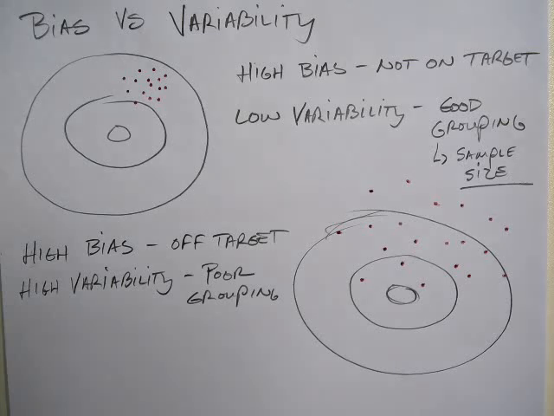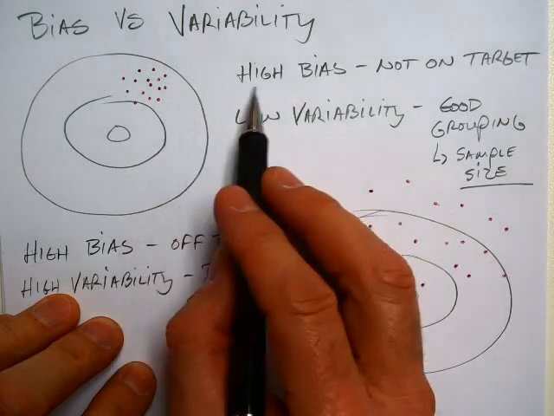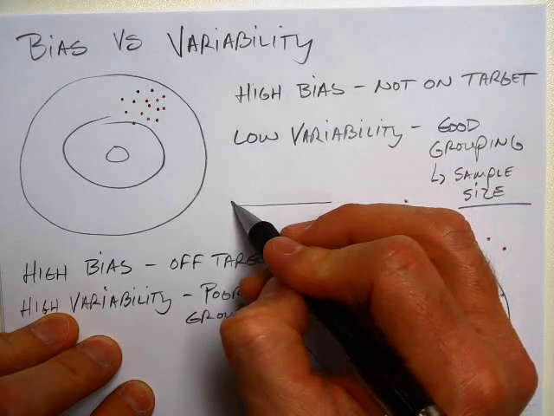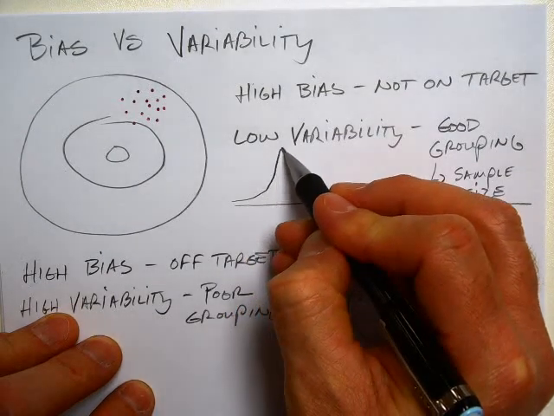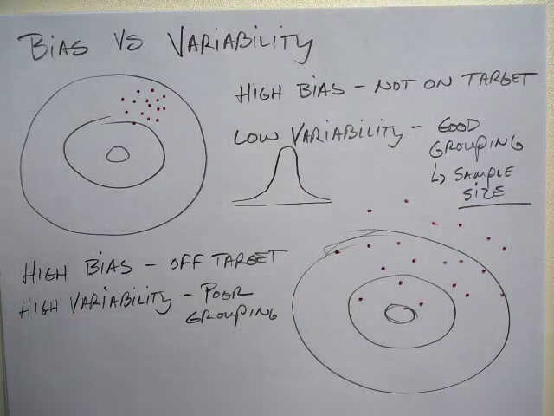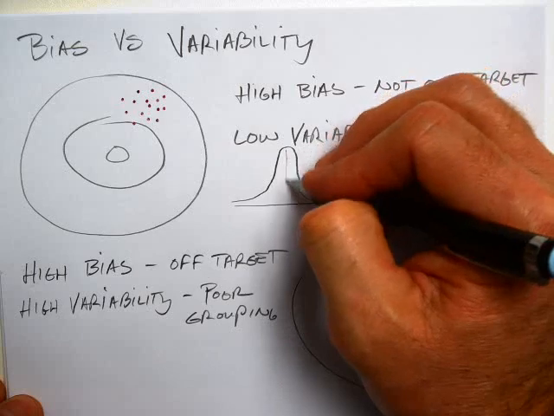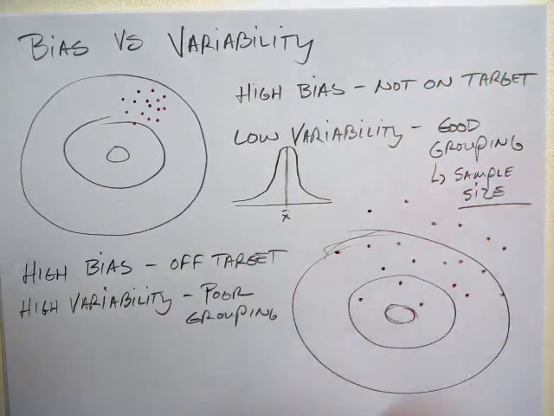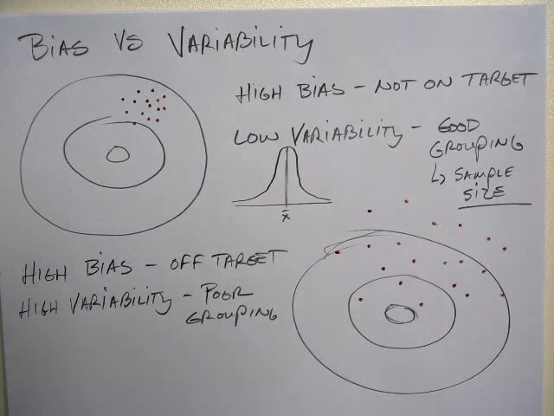Let me back up a little bit. Now that we've looked at it this way, let's take a look at what these might look like under a normal curve. This high bias, low variability would look possibly like this. A very tall normal curve, where my high point is my x bar, but the true mean of the population, that's the center of the target.